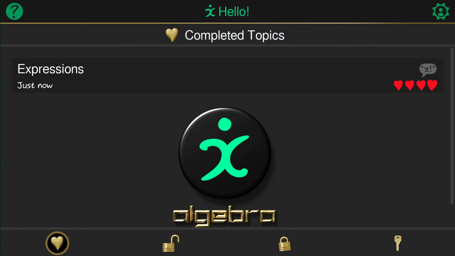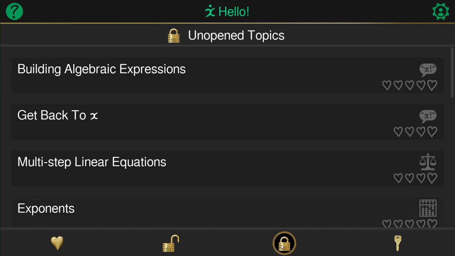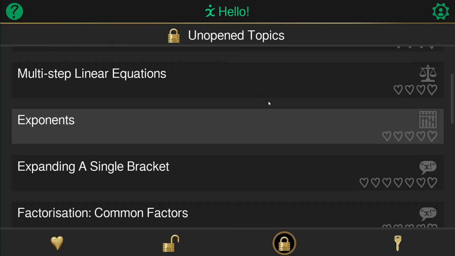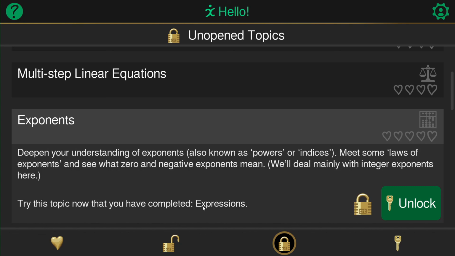That's now in the completed topics list. So from there I can access a special revision section, which will be very similar to that last section, which was a review of the topic. And having completed this topic now, you might see this little padlock icon wiggling. That means that there are some topics in the unopened topics list that I can now open. So those ones are probably dependent on the expressions topic.